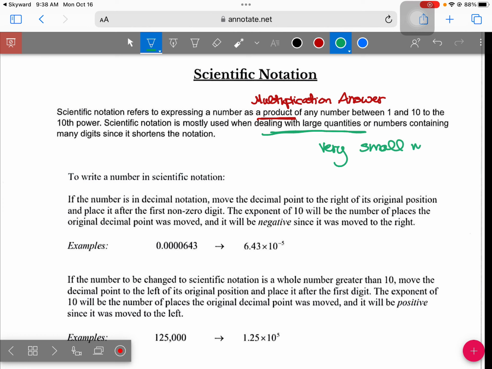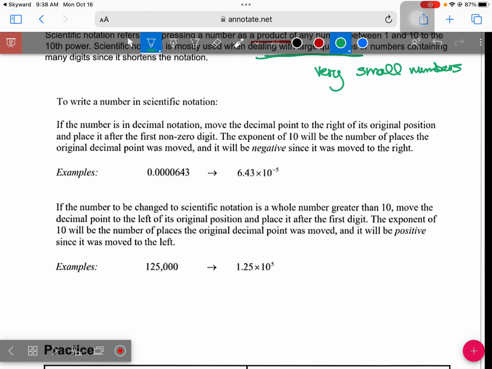To write a number in scientific notation, if it is in decimal form, like the first one here, move the decimal point so it's placed after the first non-zero digit. So as I'm looking at this number, I want a number between 1 and 10. So that is 6.43.